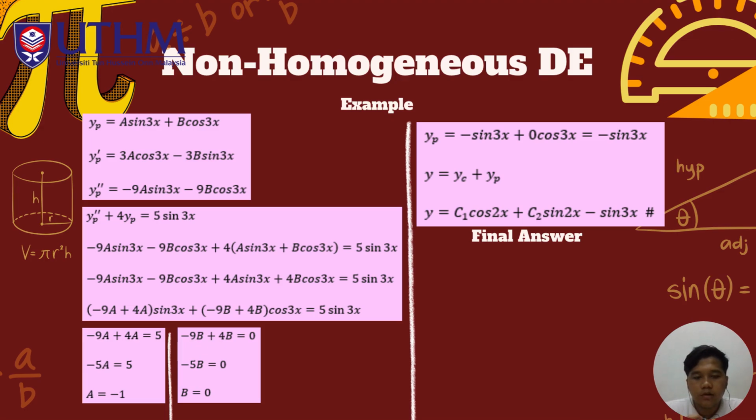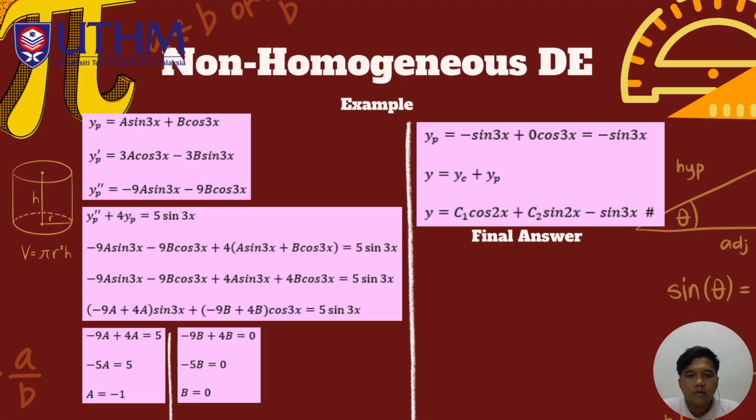Then we insert the differentiated yp into the initial question, and we get negative 9a plus 4a, times sin 3x, plus negative 9b plus 4b, times cos 3x, is equal to 5 sin 3x. Then we get a is equal to negative 1 and b is equal to 0.